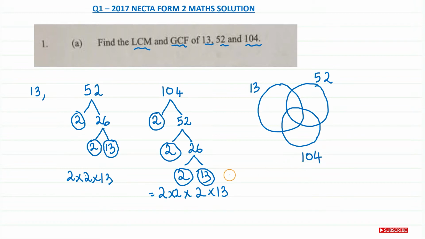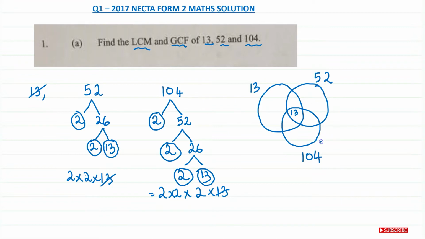Now what do we do? We look at the common numbers. We can see 13 is common amongst all the numbers. There's 13 in here, 13 there, and 13 there. So we cross that out so we don't forget, and then put that number in the middle. Then we can see there are 2s in 52 and 104. They are only common at the intersection of these two numbers.